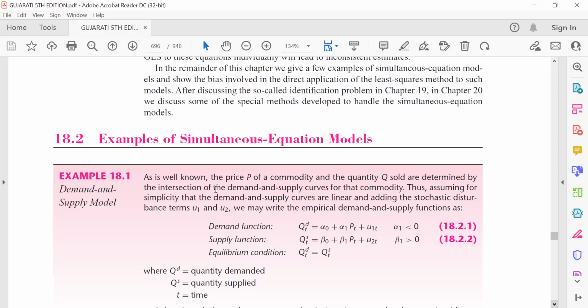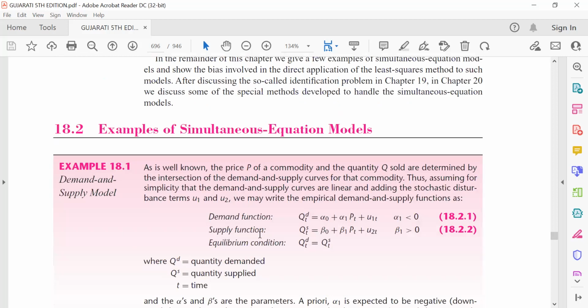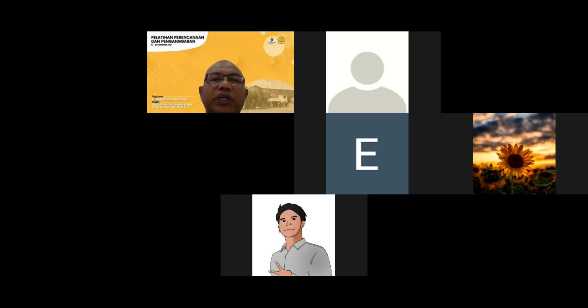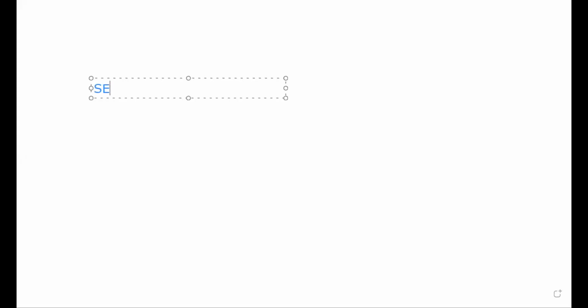Okay, for example, here we have demand, and this one is supply. Actually, the simultaneous equation model could include an equilibrium condition or an identity.